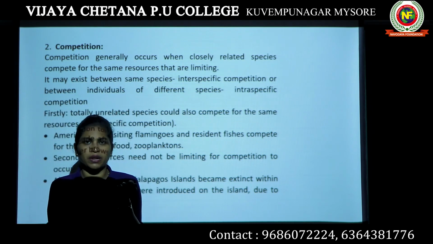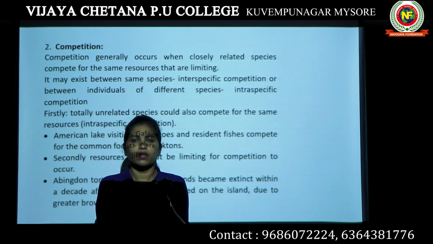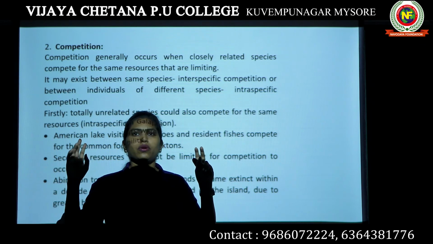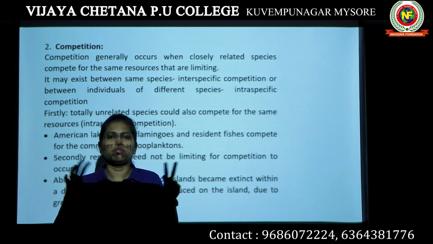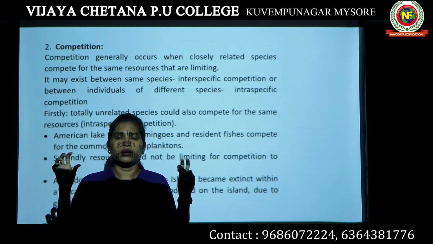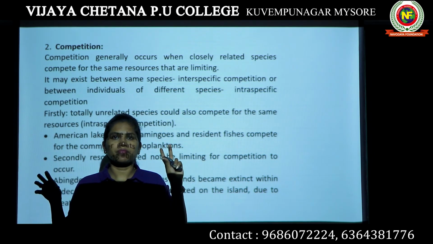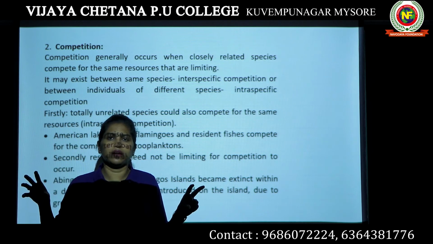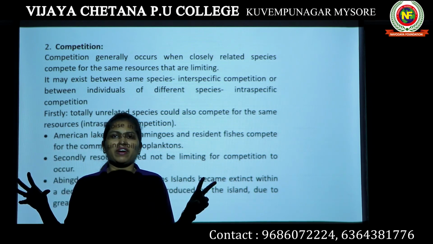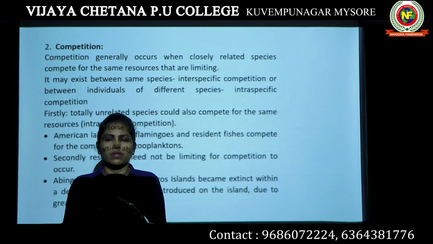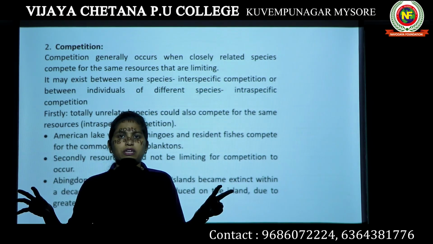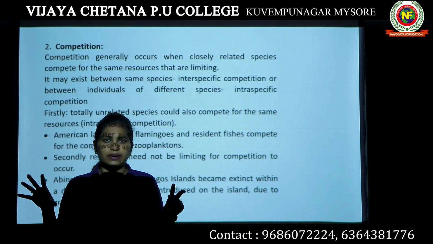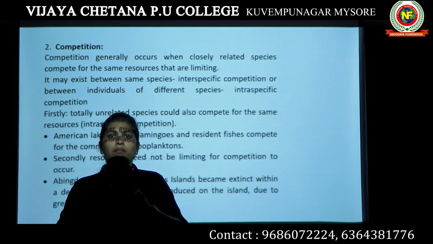There is one prey, which is a deer. There is a tiger community and a lion community. Both of them belong to different species. This is Panthera tigris, this is Panthera leo. Both are fighting for a single deer. That becomes competition, when closely related species are fighting for the same resource.